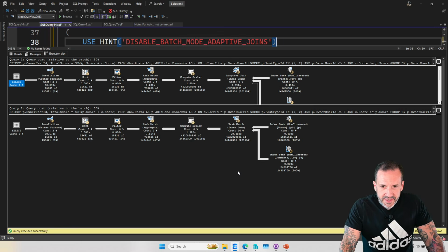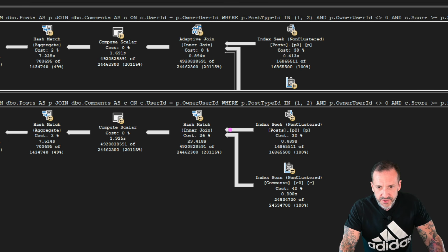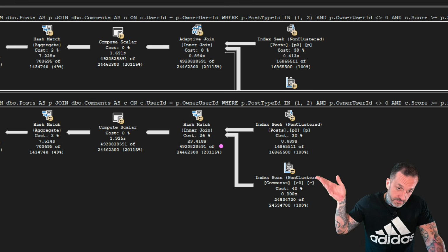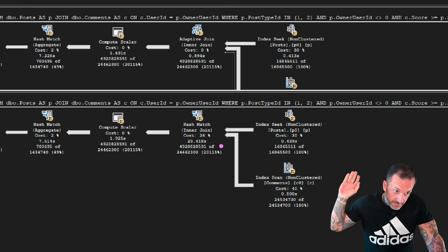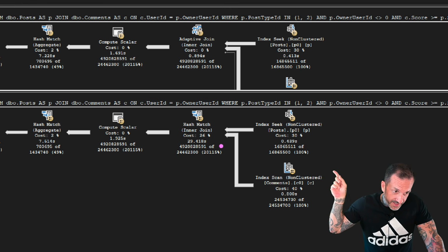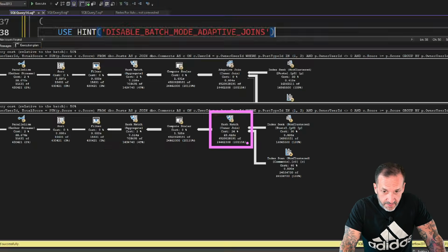The thing is that in the second plan, you'll notice that the hash match inner join, so this is a batch mode plan, mostly. We didn't get a batch mode adaptive join, but we did get a batch mode hash join, which I'll show you in a second. But you'll notice that this correctly accounts for about 30 seconds of time spent in the batch mode hash join.